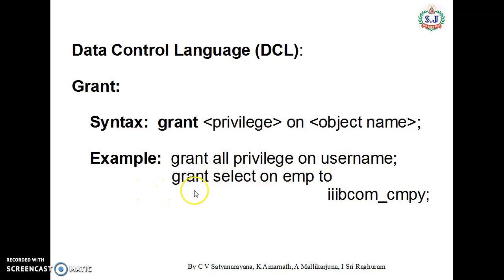For example, grant select on EMP to third become company: this gives the user third become company permission only for retrieving on the employee table, as given by the administrator.